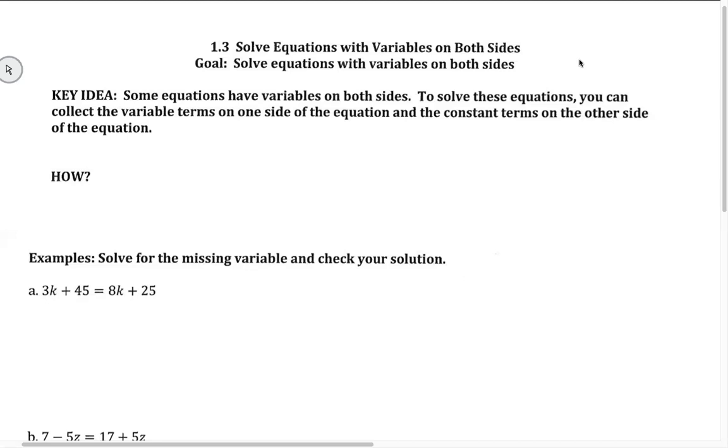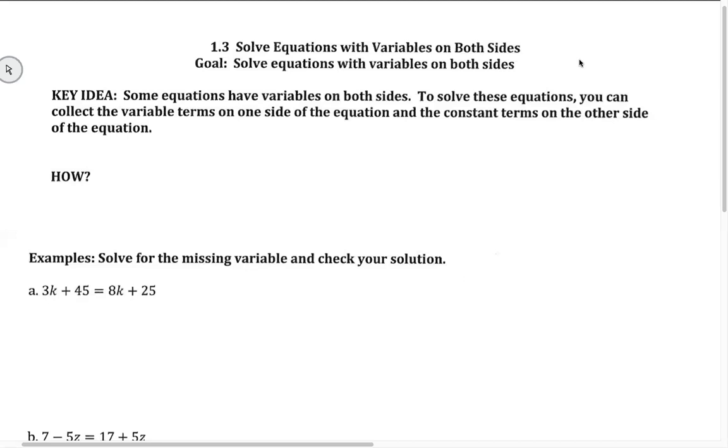But you could also get two other possible answers to your equation. What can happen is when I get all the variables to one side, they all go away. They disappear.